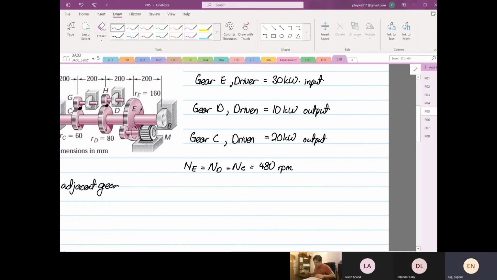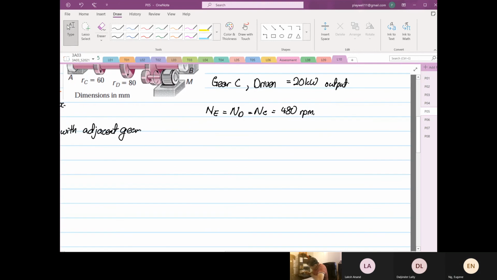So there's one formula to relate power to torque and then to force.